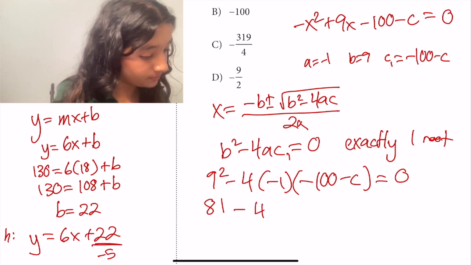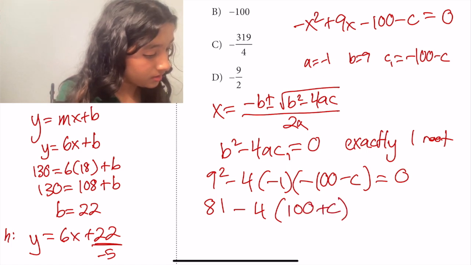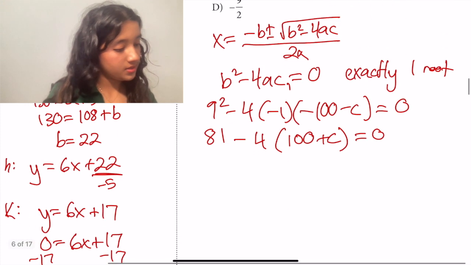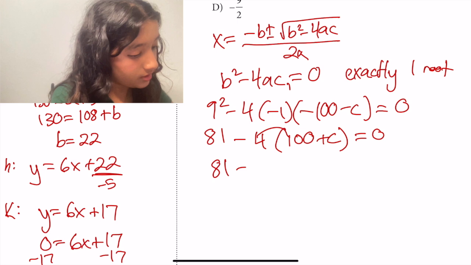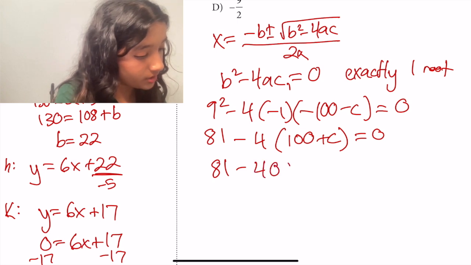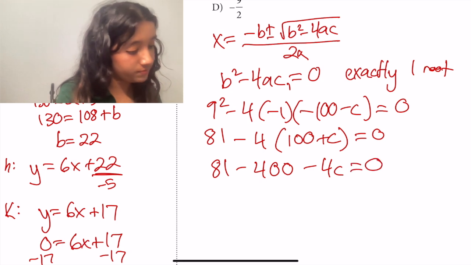So 81 plus 4 times (-100 minus C) is equal to 0. Then we can distribute the 4. 81 minus 400 minus 4C is equal to 0.